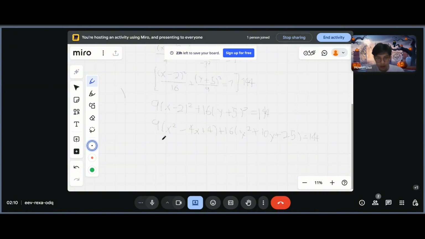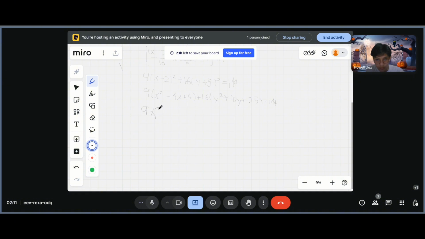So just mention the 9x² minus negative 56x plus 26 plus 16y² plus 160y plus 10 equals to 140.